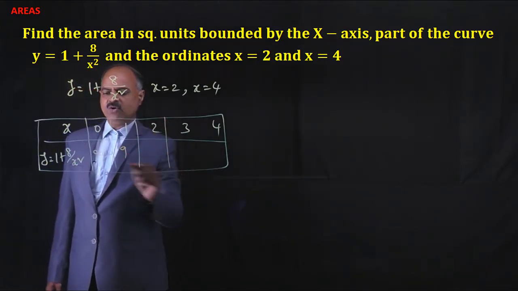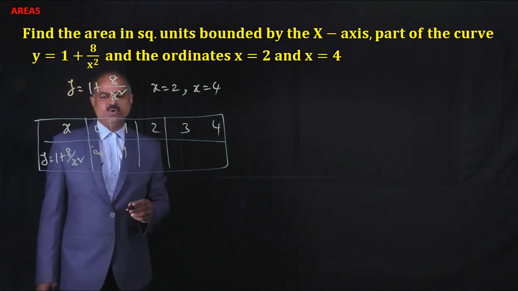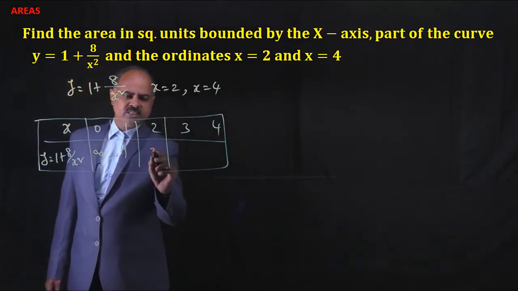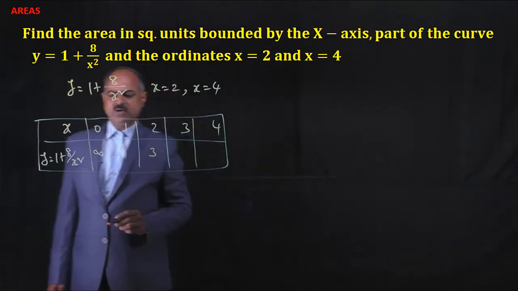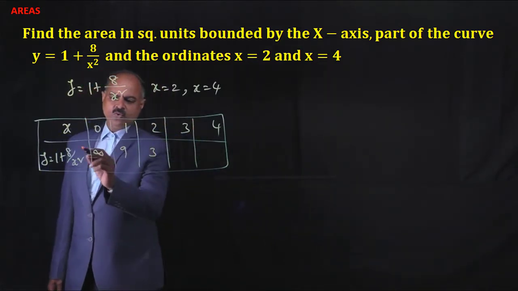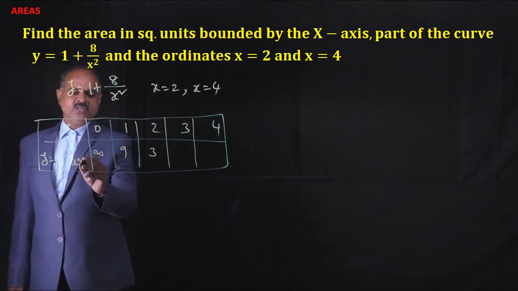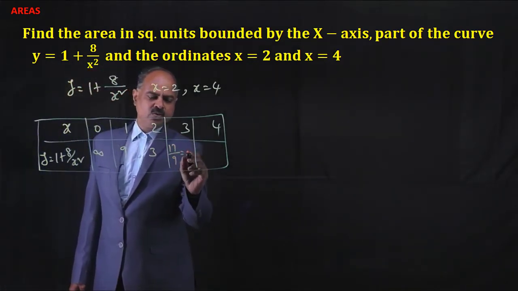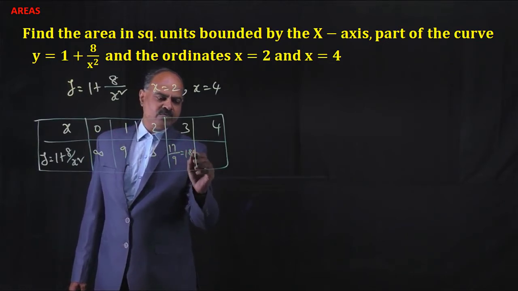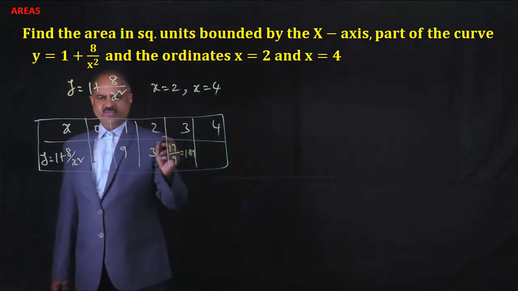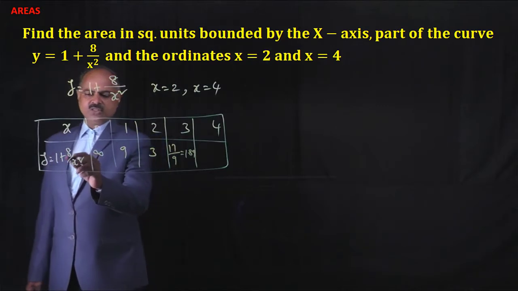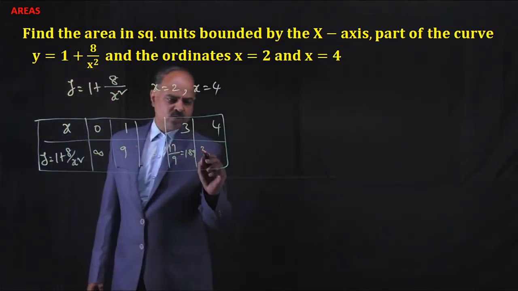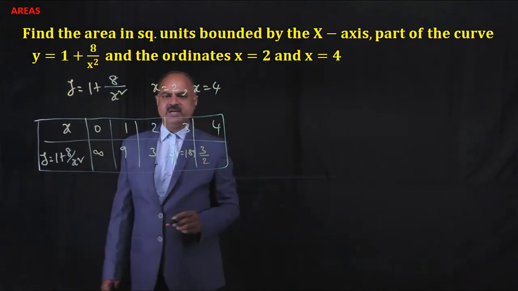If x equal to 2, y equal to 1 plus 8 by 4, that is 1 plus 2, that is equal to 3. If x equal to 3, y is equal to 1 plus 8 by 9, so that is 17 by 9, that is equal to 1.89. If x equal to 4, y is equal to 1 plus 8 by 16, so 1 plus 1 by 2, that is equal to 3 by 2, that is 1.5.